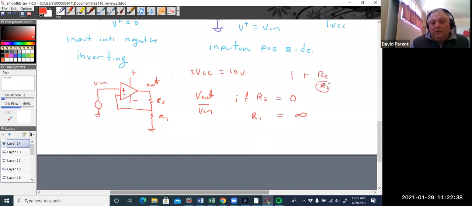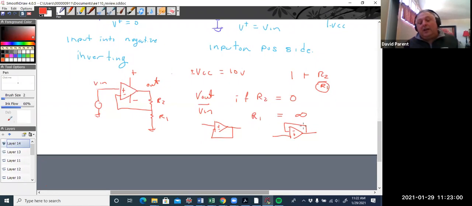So if R1 is going to infinity and R2 is going to 0, right? But if we redraw that, this is what we'd have. Or I could redraw it like this, maybe a more standard way. R1 is infinity, so I took it out. R2 is 0, so I drew a wire, and it's a buffer. Okay.